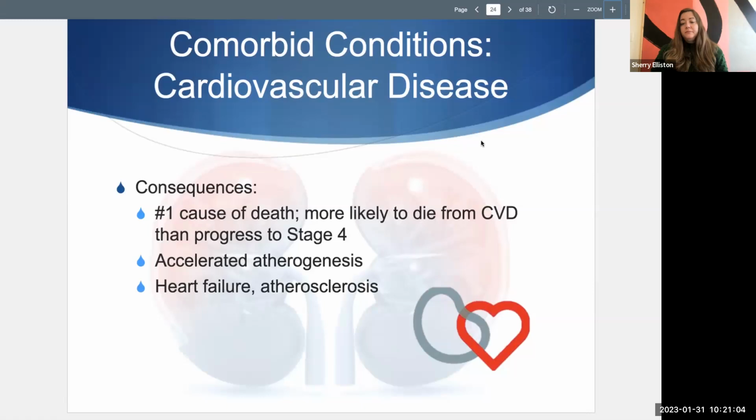And that is why it is the number one cause of death in patients who have chronic kidney disease. So patients with GFR that is dysfunctioning and kidneys that are starting to deteriorate, a lot of these patients are more likely to die from cardiovascular disease, CVD, than progress to stage 4, which is right before stage 5, which is renal failure.